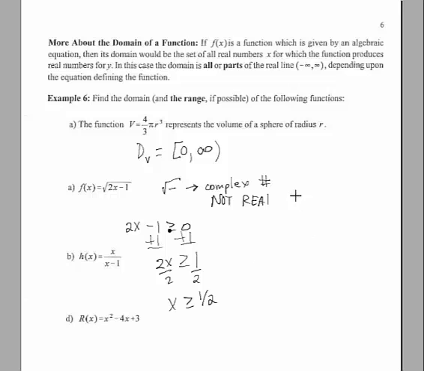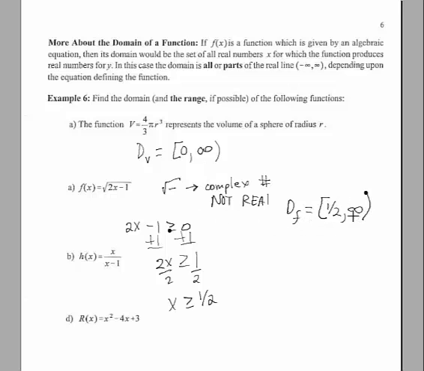To write that domain of f, we use a bracket because we have the equal sign, 1/2, and anything greater than that out to infinity would be included in the domain.